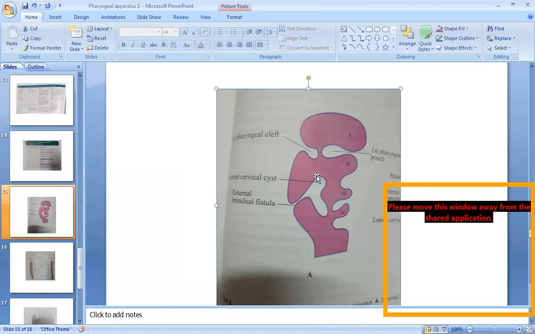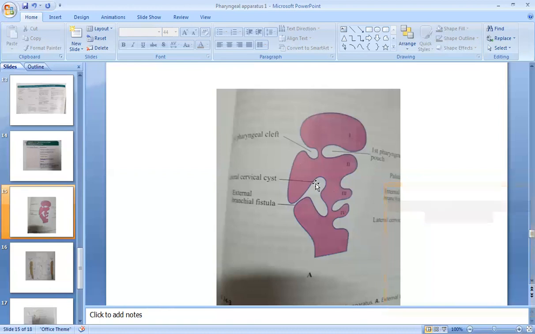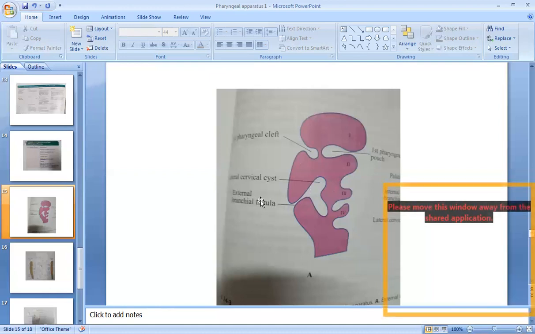The second, third, and fourth clefts are covered by the overgrowth of the second arch. Sometimes it does not cover all the clefts, and communication with the exterior is found. This communication with the exterior is called an external branchial fistula. Sometimes it may communicate with the interior as well, but this time it is at the posterior.